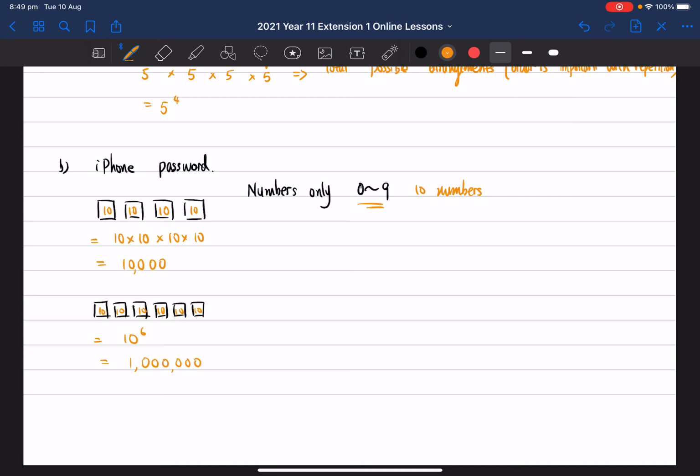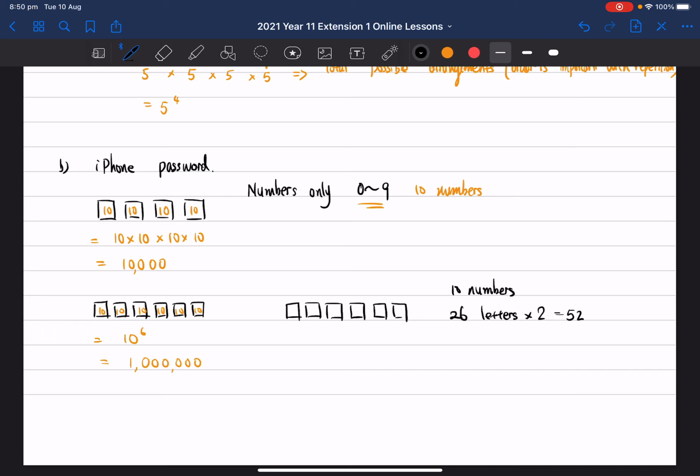And for example, if you want to set a password with 6 characters, for your internet password or any password, you can have 10 numbers, 26 letters, or actually 52, because you can also have capital letters.